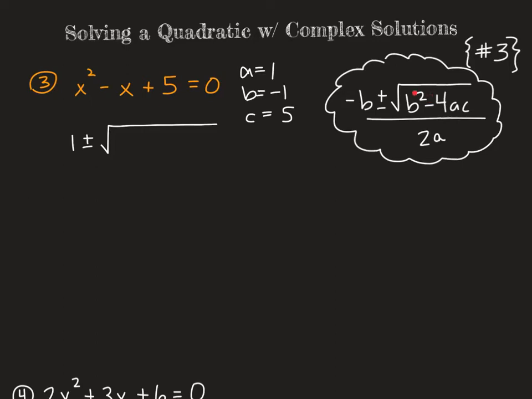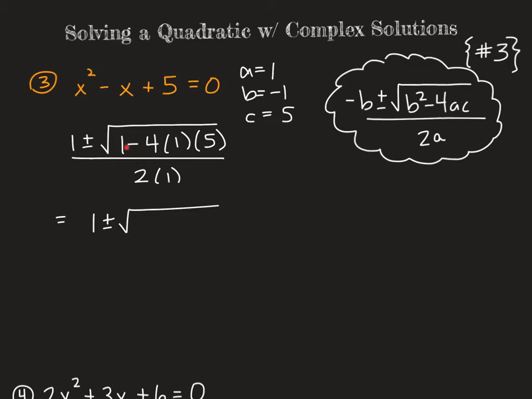Then we're going to square -1 to get +1, minus 4 times a times c, all over 2a. Simplifying the discriminant, which is the number under the square root, will give us 1 minus 20. So we'll have -19 under the square root, all over 2.